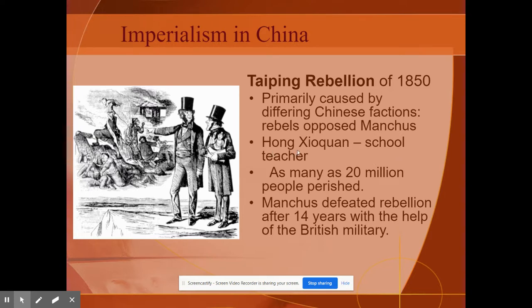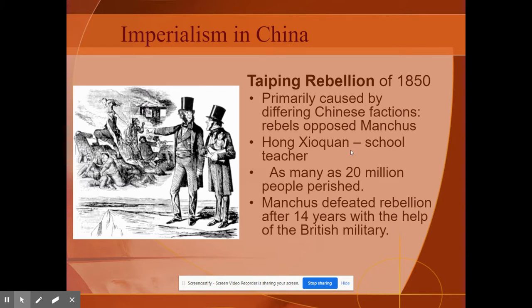This Hong Xiuquan led a rebellion against the state, backed by British weapons, in this attempt to spread Christian and Western ideas. While the rebellion got out of control and the Manchurian government couldn't hold it back, it turns into a massacre and millions die in this civil war.